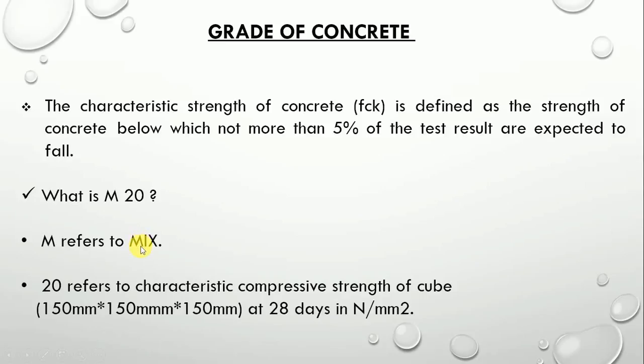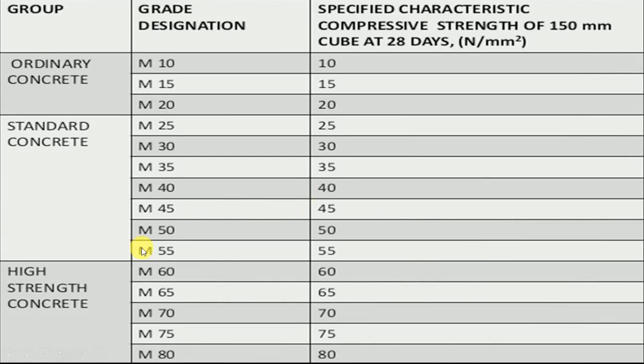Now our concrete is divided into three groups. First is ordinary, second is standard, and third is high strength concrete. So according to the grade or the group, the concrete is divided. In ordinary concrete we see here M10, M15 and M20.